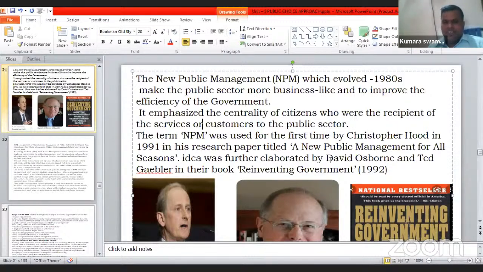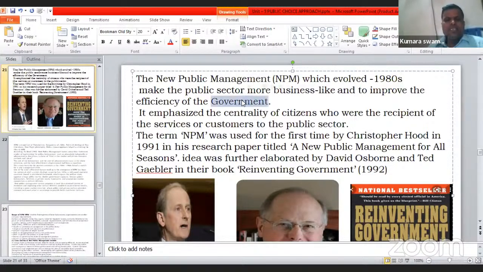In his research paper titled A Public Management for All Seasons, this idea was further elaborated by David Osborne and Ted Gaebler in their book Reinventing Government in 1992. So new public management started in the 1980s. The main focus of new public management is to use business methods to improve the government.